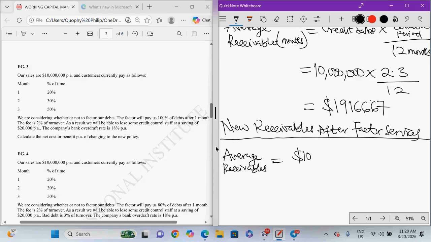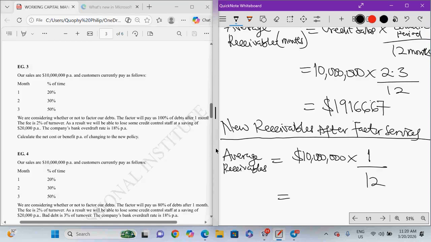What is the credit sales? 10 million. 10 million times what? 1 month over the 12. So what do we have? And they said they will pay us 100%, right?